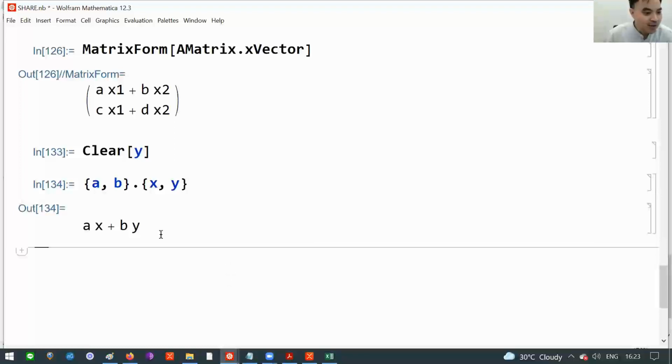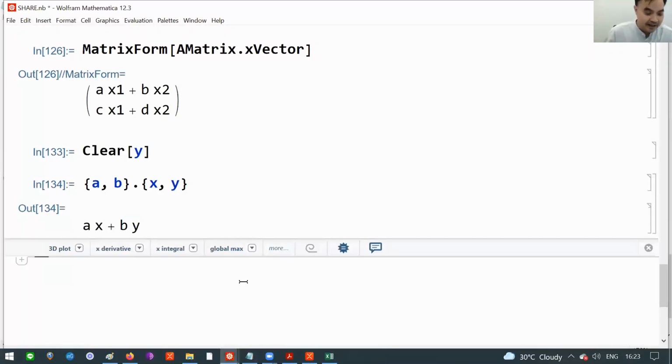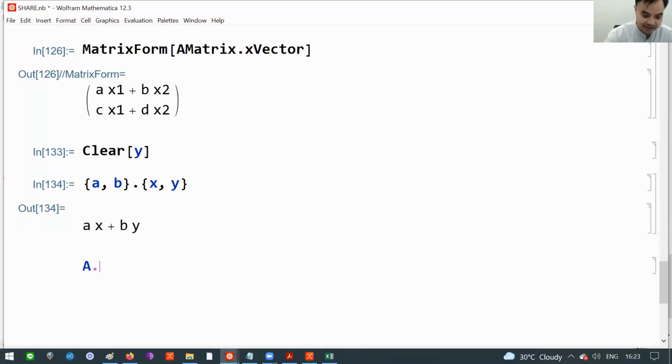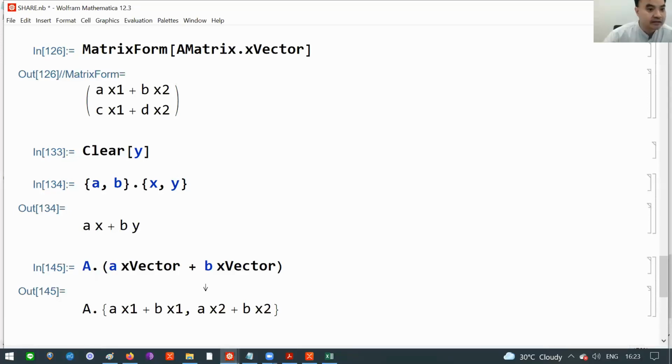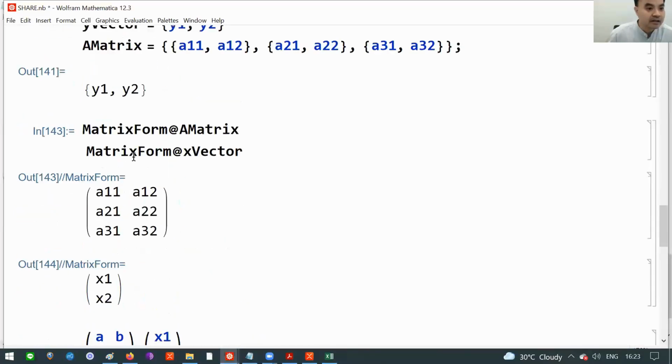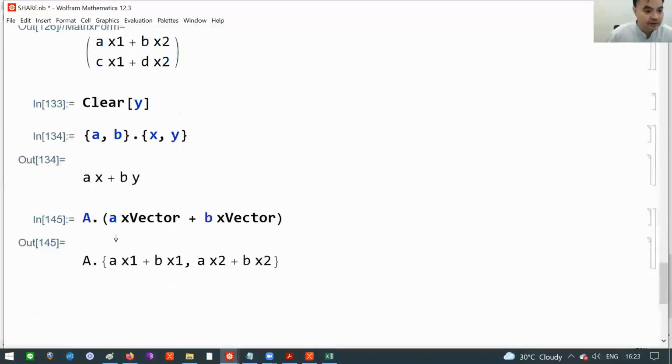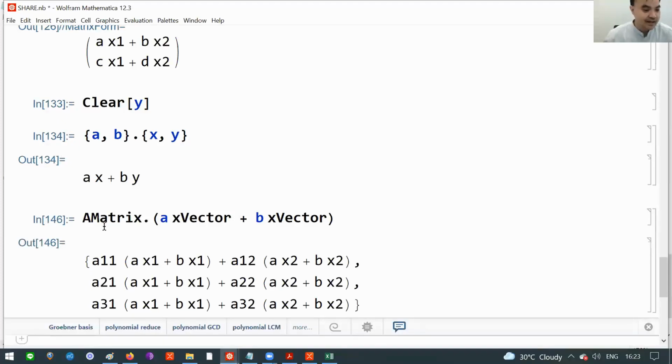Now, my question is: A dot a x vector plus b y vector, this is my matrix.